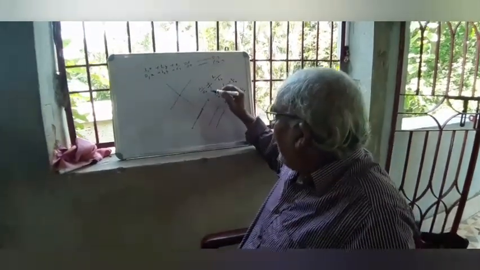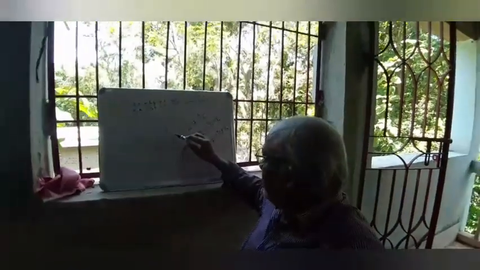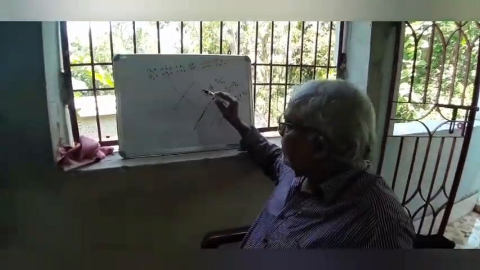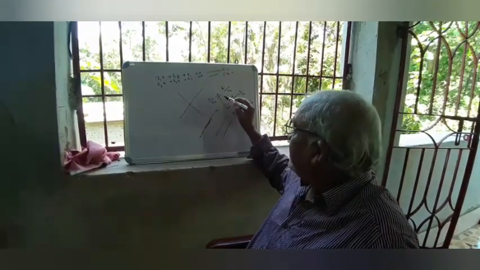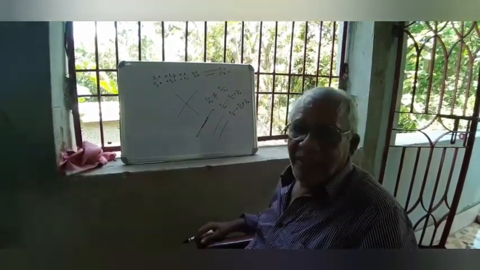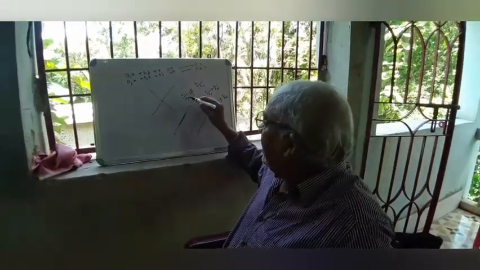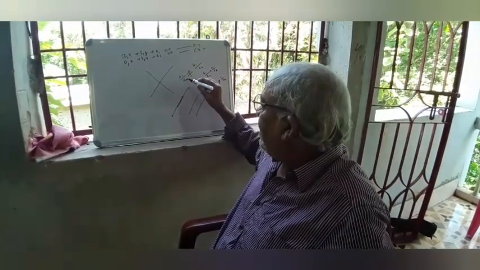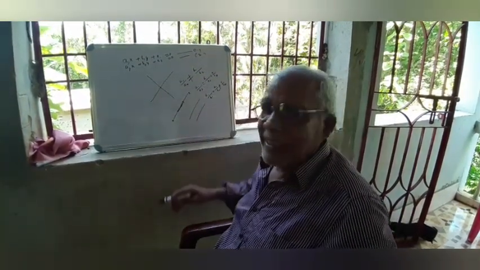But you see, in the first case, the coefficients of the variables are parallel, what to speak of the constants. The coefficients of the variables do not bear a proportion; the fractions posed by the coefficients of the variables are not proportional.